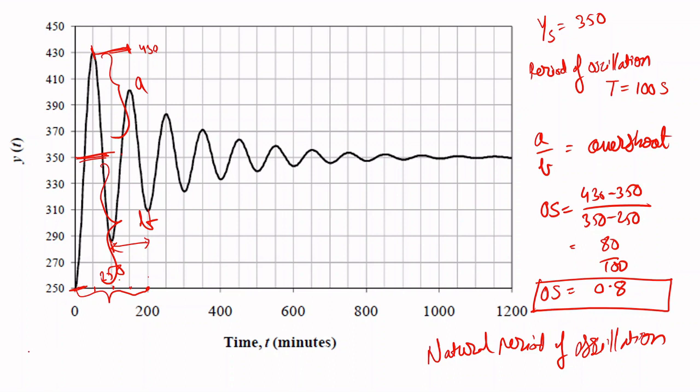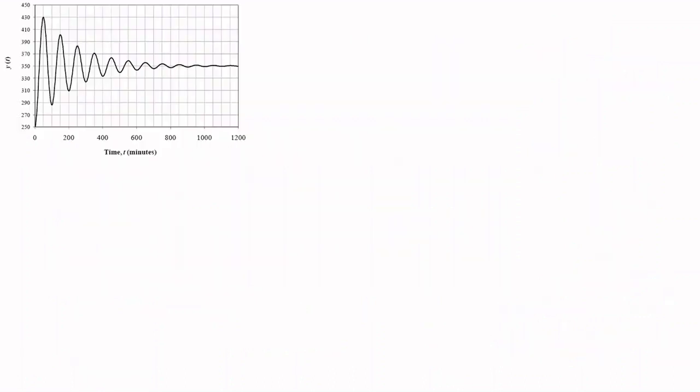If we write this formula, then it will become T is equal to 2 pi tau upon under root of 1 minus zeta square. Over here, tau is the natural period of oscillation. So once we get this damping factor zeta, we can use this formula to get the desired value of natural period of oscillation. So let's take a look at the further solution.